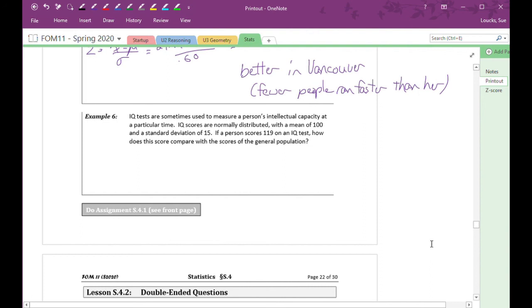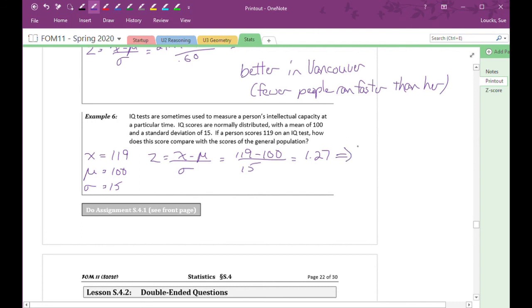Okay, if a person scores 119 on an IQ test, how does this score compare with the scores of the general population? Okay, so 119 is our test point, that's our X. Our mean is 100 and our standard deviation is 15. So Z equals X minus mu over sigma equals 119 minus 100 divided by 15, which equals 1.27.